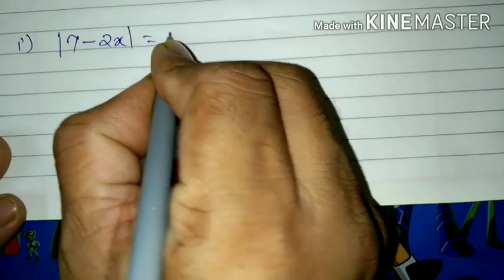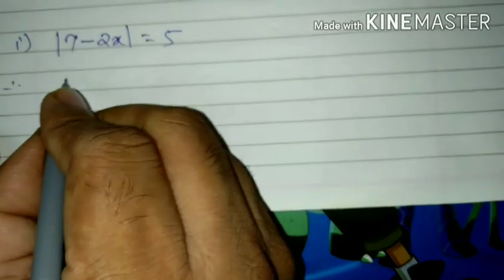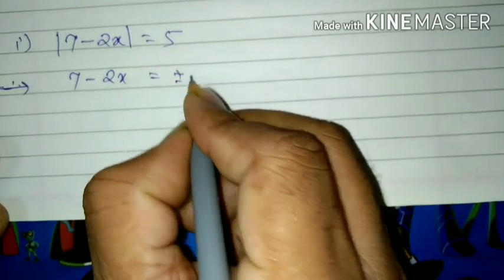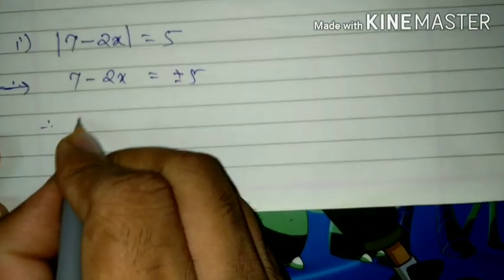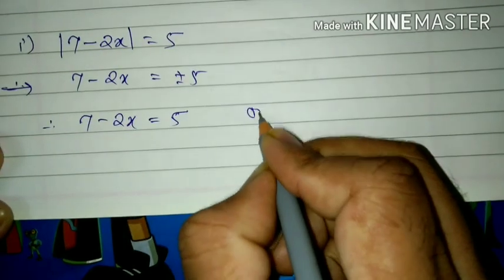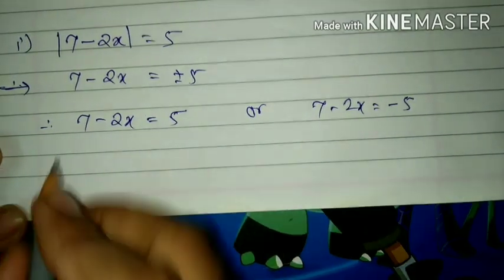I am taking mod of 7 minus 2x is equal to 5. Okay, mod के अंदर x है, therefore 7 minus 2x is equal to plus minus 5. Therefore 7 minus 2x is equal to 5 or 7 minus 2x is equal to minus 5.